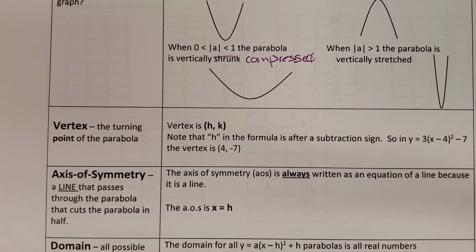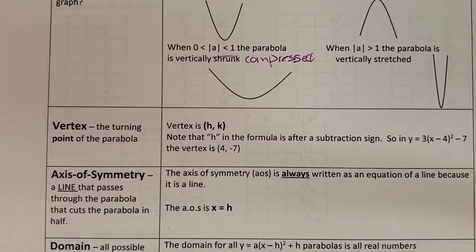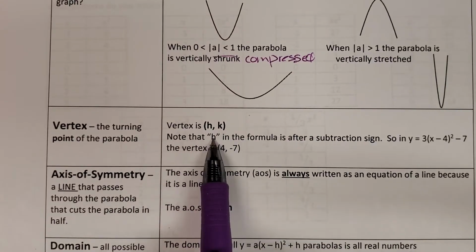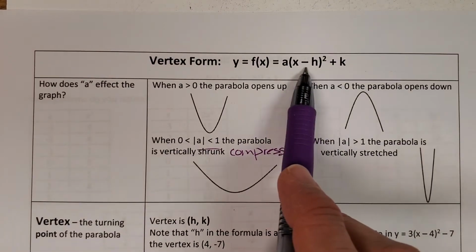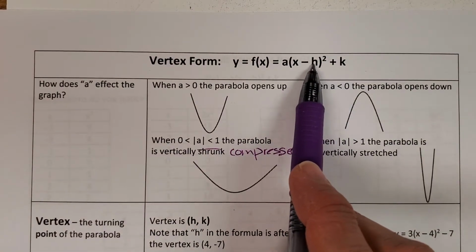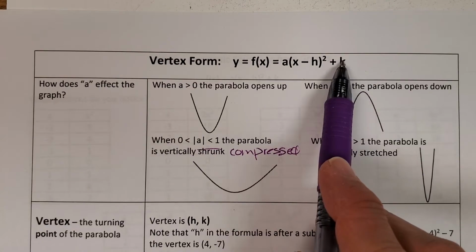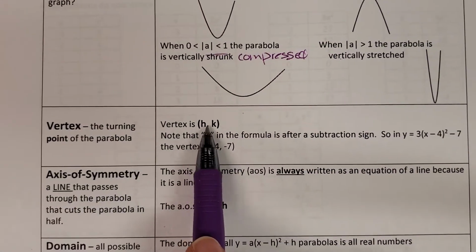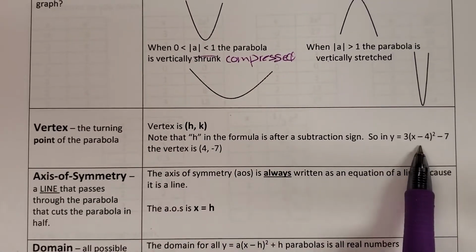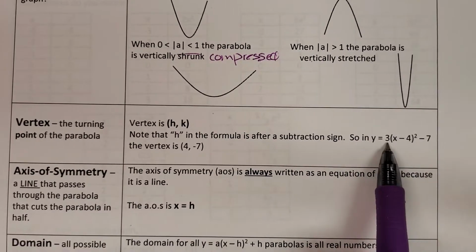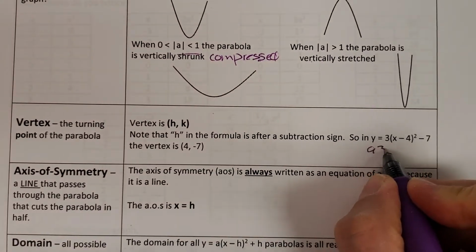That we've already done. Now we've talked about where to find the vertex on a graph, but we haven't talked about it in terms of H and K. Notice that if you have an equation like this, you're going to look for the x-coordinate of the vertex right there and the y-coordinate right there. H, K is our vertex. So in this equation right here, A is 3, right? So what does that tell us?